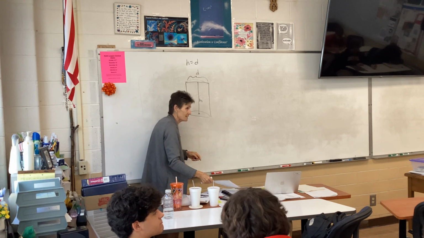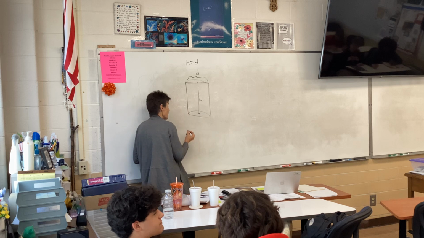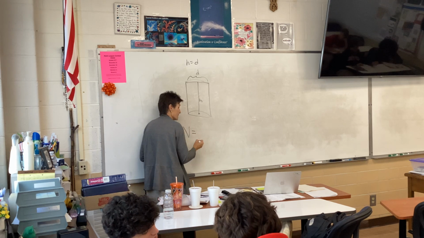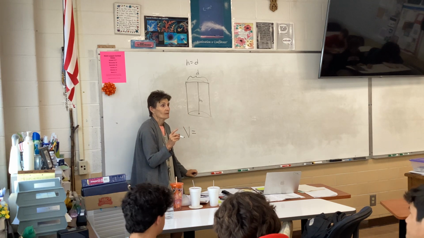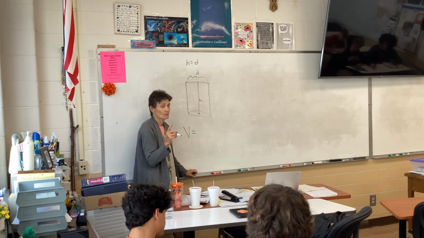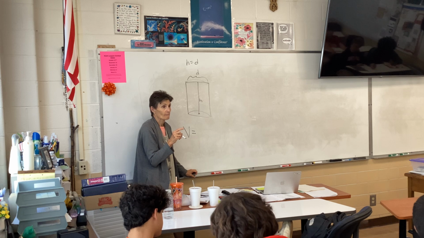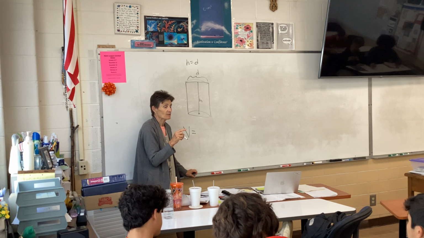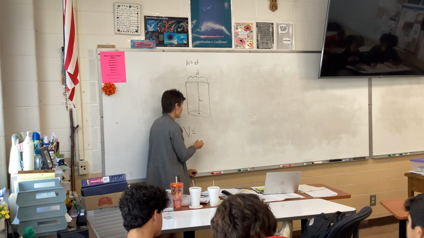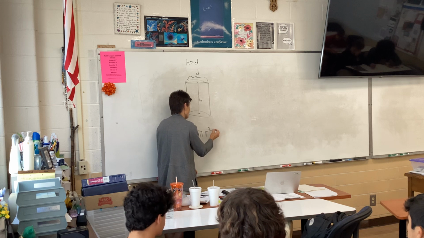Now, that means we are going to write a formula for the volume. Does anybody know the formula for the volume of a cylinder? Just the general formula? The volume of the cylinder is pi r squared h.